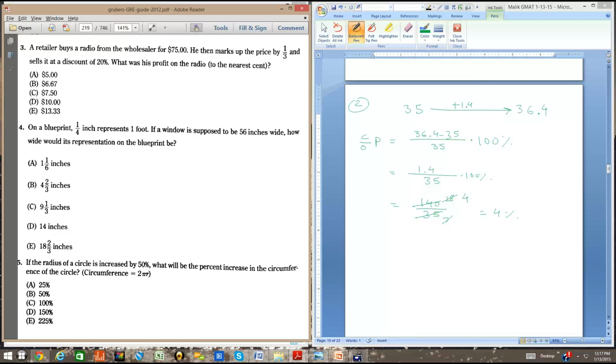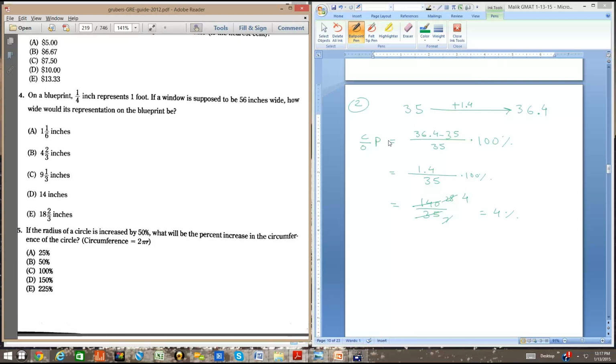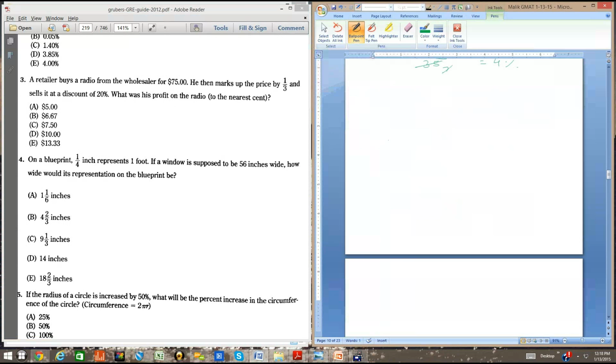You can do this pretty much in your head, actually, but I'll show you the steps here. The wholesale price was 75 bucks. He then marks it up 1/3.